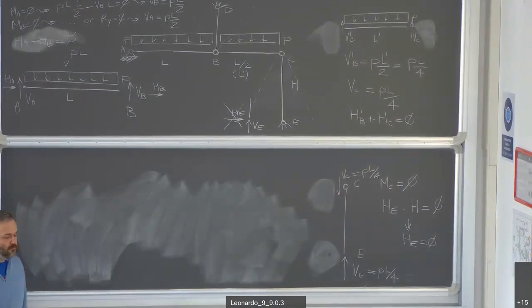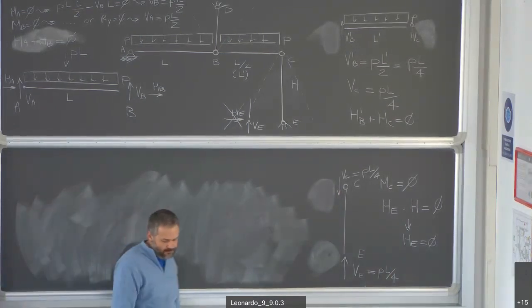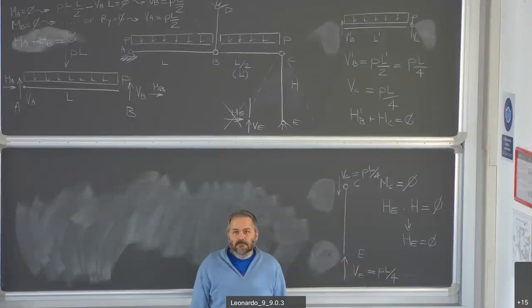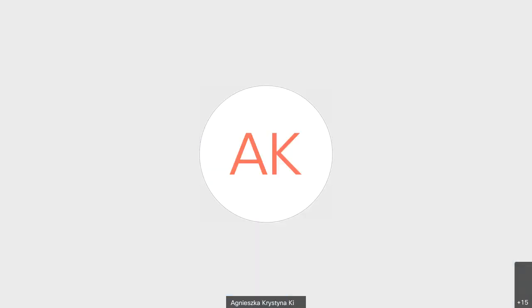Sorry, Professor, can I have a question? Go ahead. Why do we assume H is 0 when we calculate the moment, and it is HE times H, why do we assume H is 0 in here? No, I didn't assume H is 0.